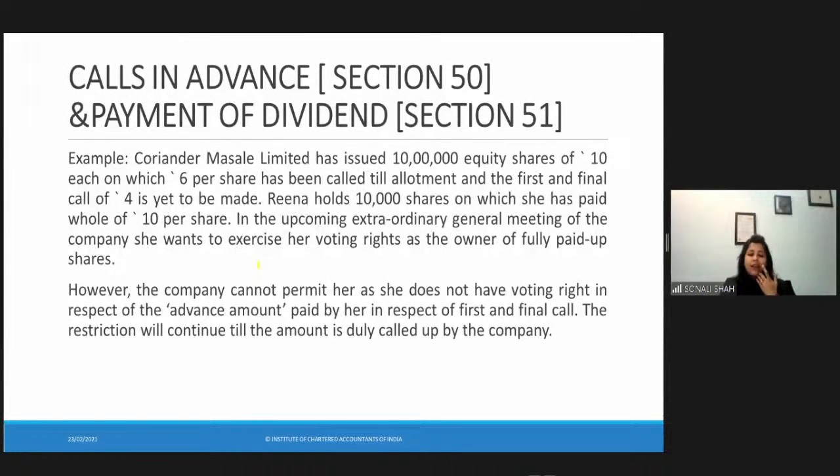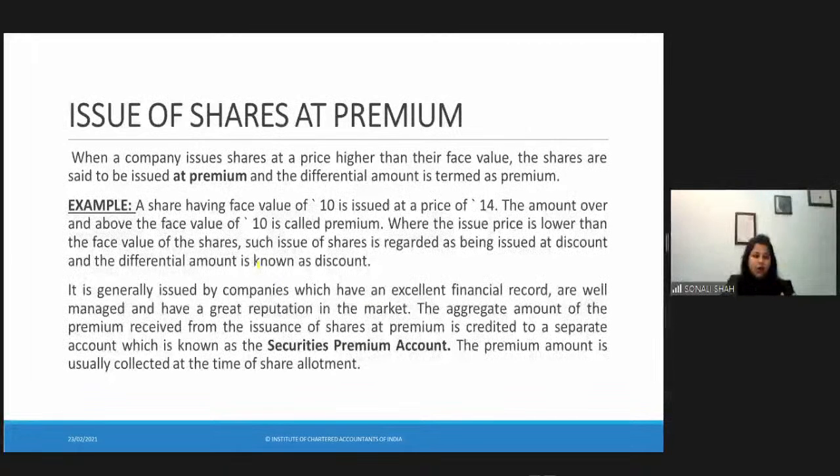If you look at regulation 18, it says the interest cannot exceed 12% per annum for the members who are paying calls in advance, right? So is this clear regarding calls in advance?